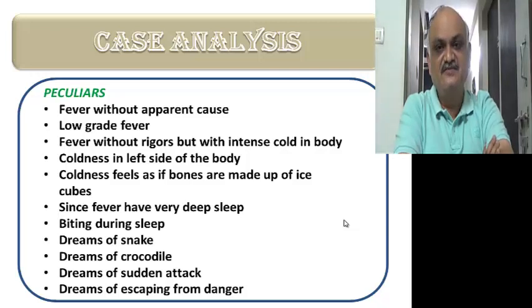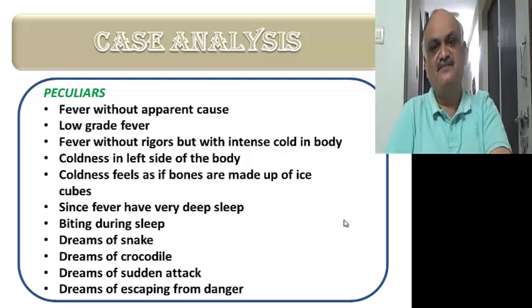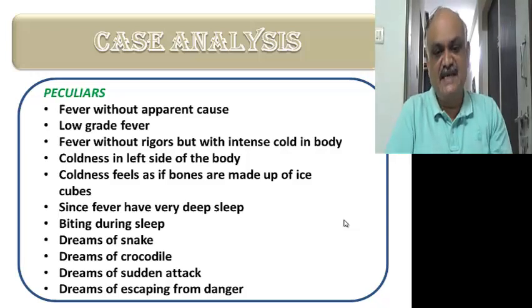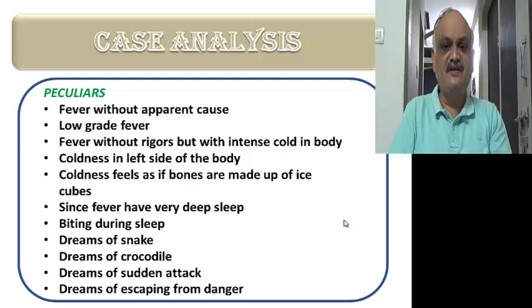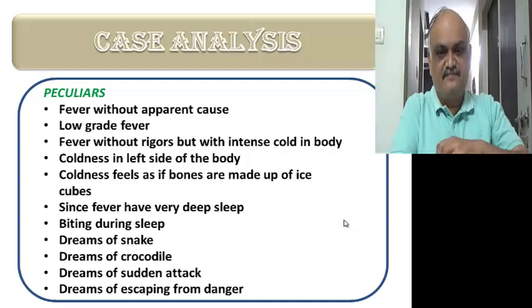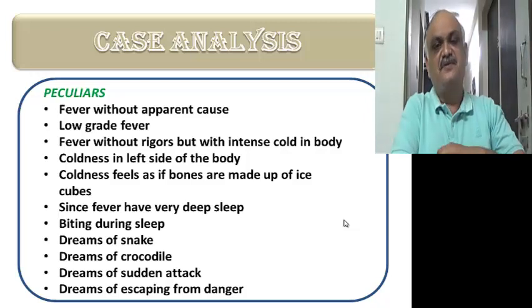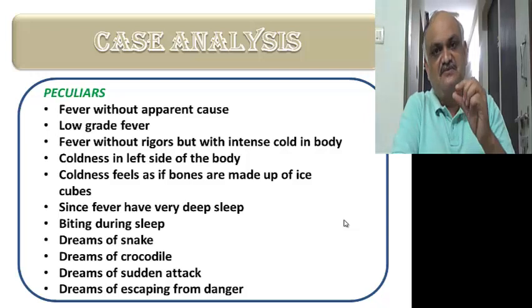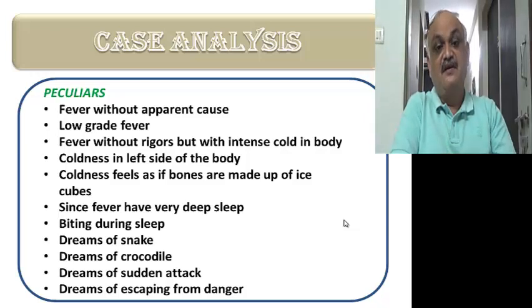Fear of snake, dreams of snake, fear of animal, fear of sudden attack, escaping, delusion of escaping, fever low grade or remittent fever, type of fever, all this, because this is the art of repertorization. You have to select something which is very, very peculiar, and then the rest of the information you have to use to confirm it.